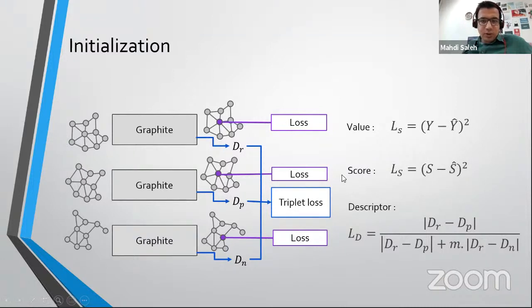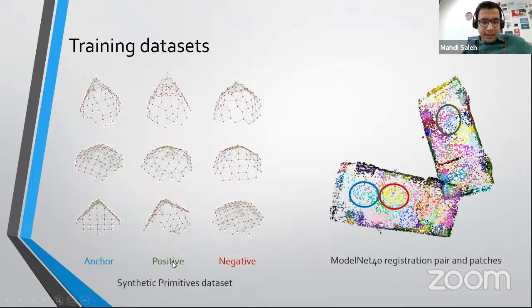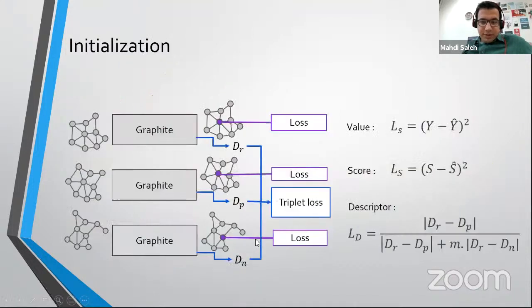The same goes for the score of the patch. The descriptor is trained using a triplet loss, which tries to make the distance between the descriptors of the anchor and positive sample close, and at the same time tries to make the distance between the anchor and negative sample as far as possible.